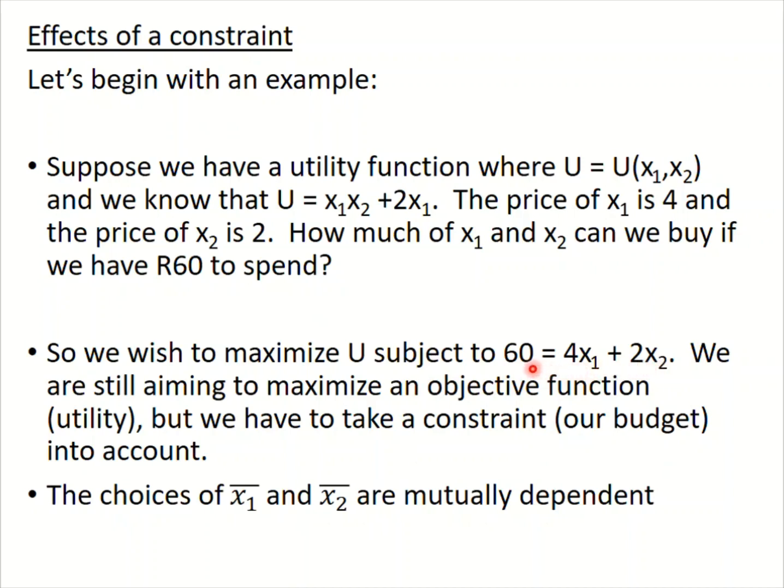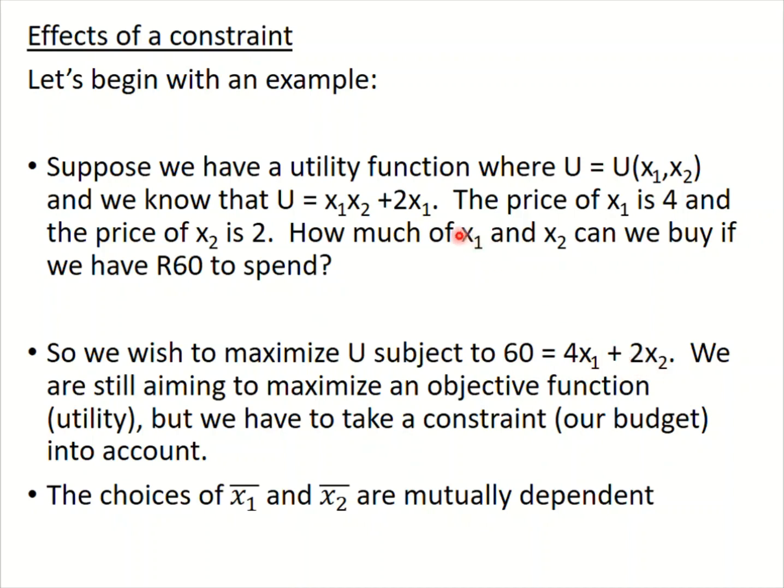Okay, so this is our budget constraint, and it tells us how much we can afford, okay, given that we have a budget of 60 Rand and the unit price of X1 is 4 and the unit price of X2 is 2.